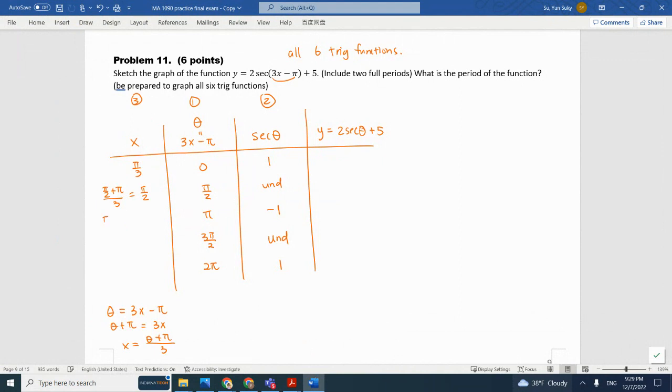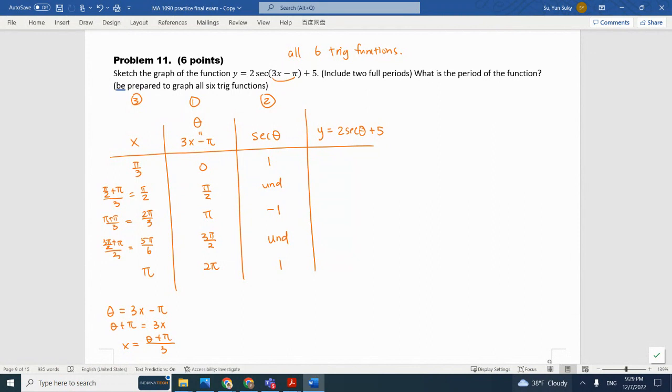And then pi plus pi is 2 pi, over 3 is 2 pi over 3. And then here, 3 pi over 2 plus pi is 5 pi over 2, over 3, 5 pi over 6. And then next one, 2 pi plus pi is 3 pi over 3, which is pi.